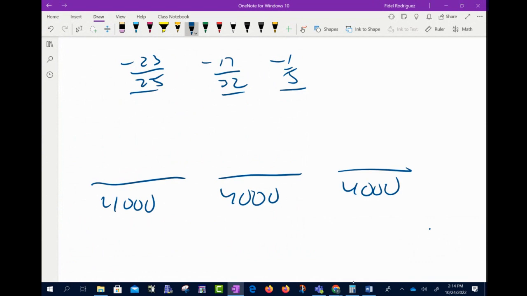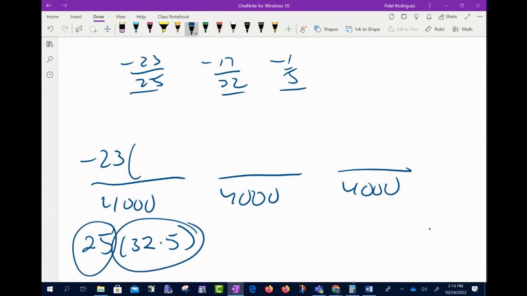Okay, so look, y'all, we really took 25 times 32 times 5, right? Now, upstairs, we already had a 23. Okay, downstairs, y'all, we already had the 25. These were the ones that I brought in extra. Okay, upstairs already had a negative 17. Remember, 25 and 32 and 5.